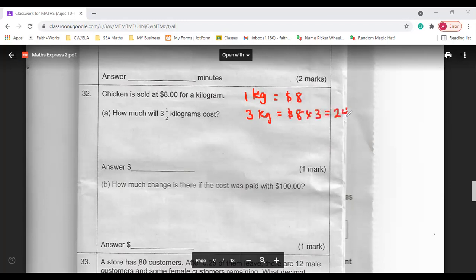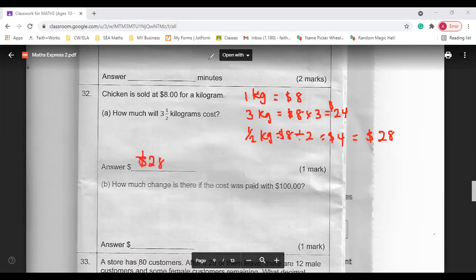That's 24. A half a kilogram is half of this, so that's 8 divided by 2. That's $4 for a total of $28. Right, so our answer is $28.